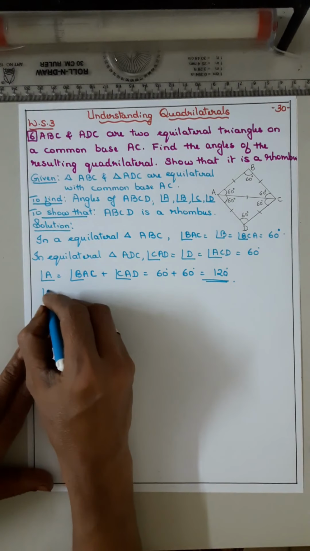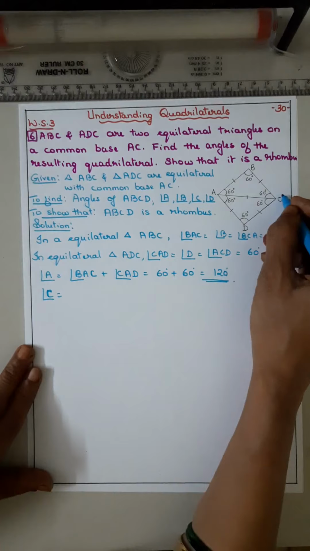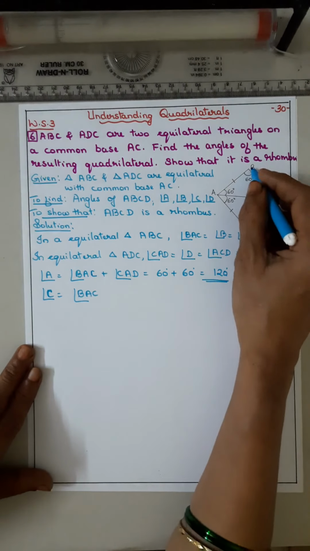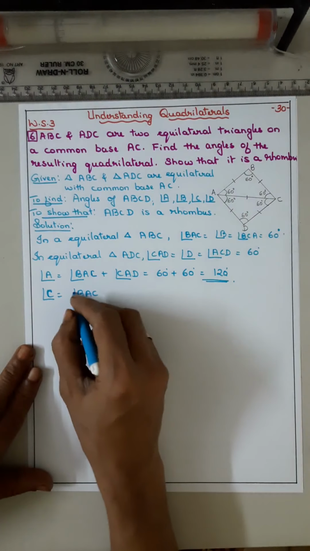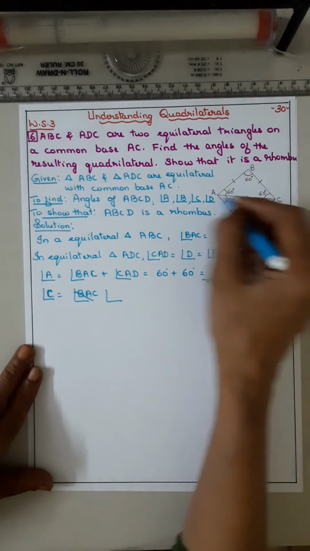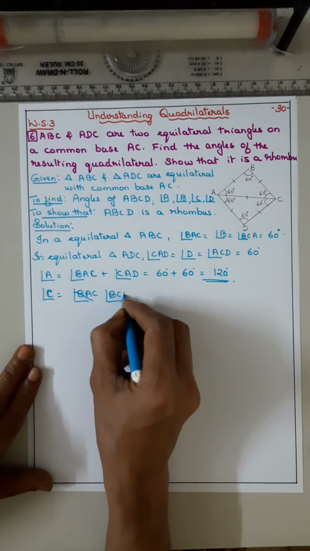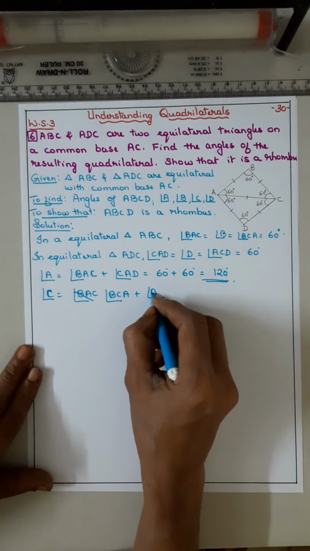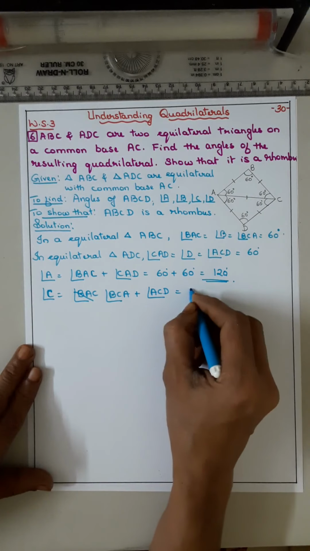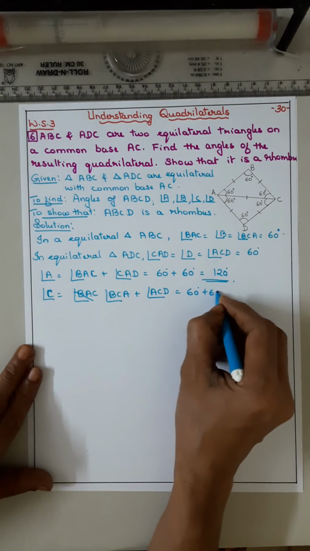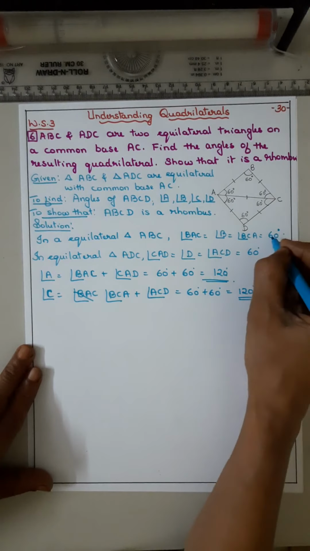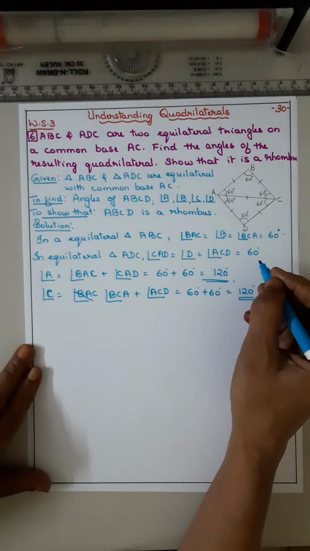Now angle C is equal to angle BCA plus angle ACD, which is again 60 plus 60 is equal to 120 degrees.